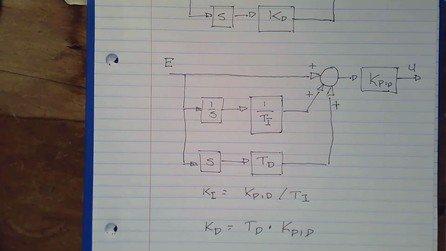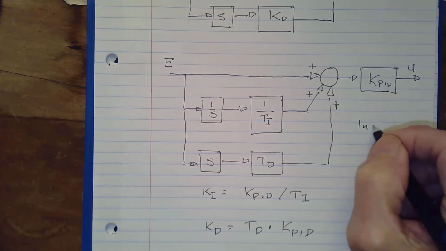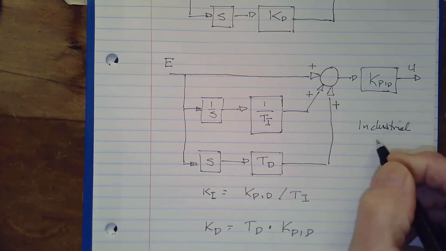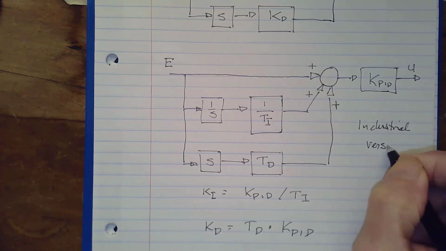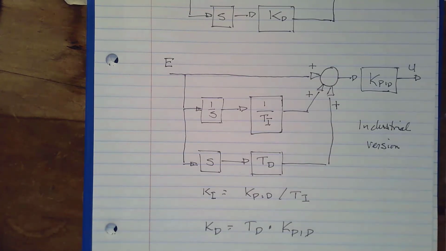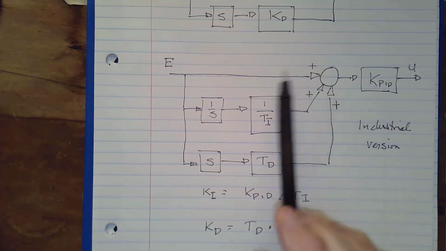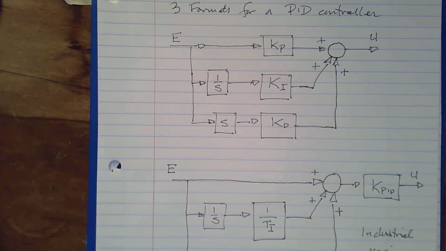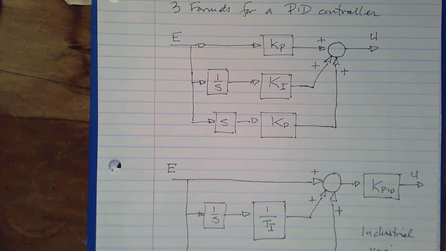The other thing that I would say here is that this is an industrial version. So when you go out into industry and you tune a PID controller or design a PID controller, you're very likely to be using this version in lieu of this version up here, which you may have used to actually learn about a PID controller.